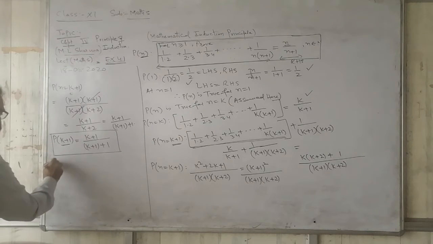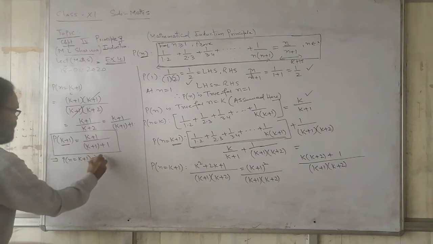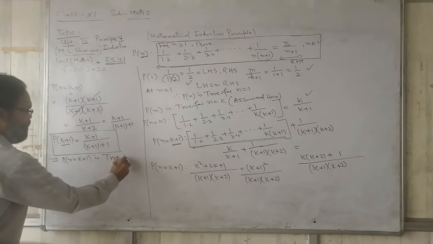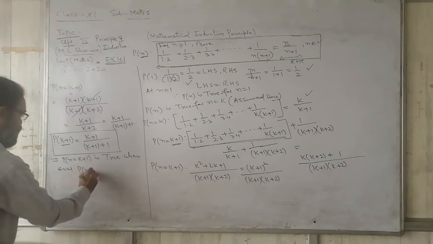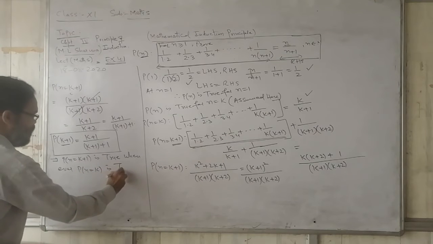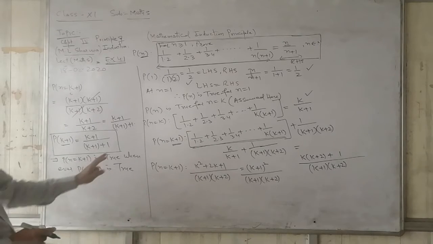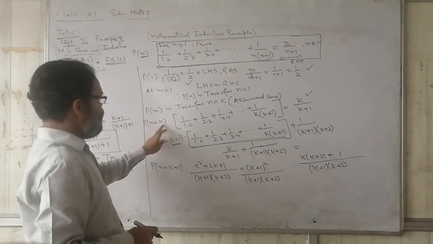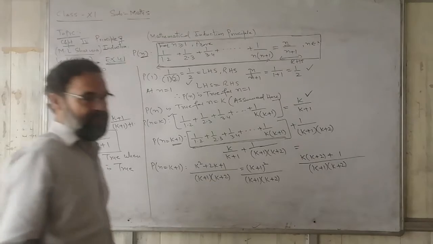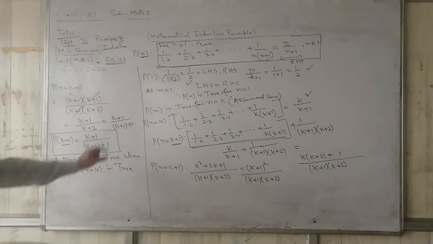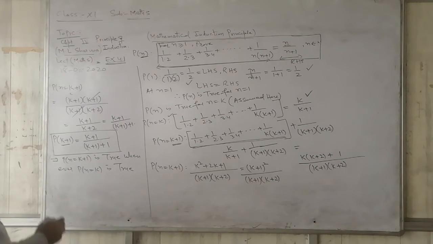So this indicates P of n equal to k plus 1 is true whenever P n equal to k is true. So this will be true only if P n equal to k is true. The principle of induction says this is true, and when this is true, that means k plus 1 is also true.